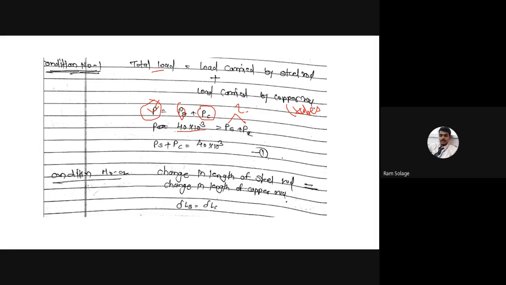Now condition number 2. What is condition number 2? The change in length of the steel rod is equal to the change in length of the copper rod or copper tube.